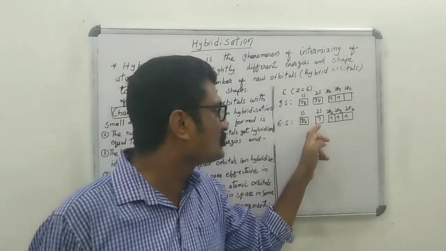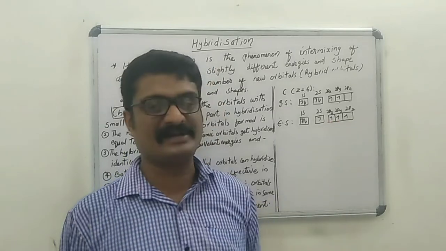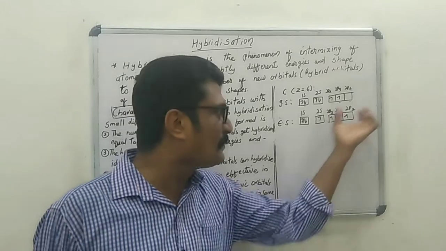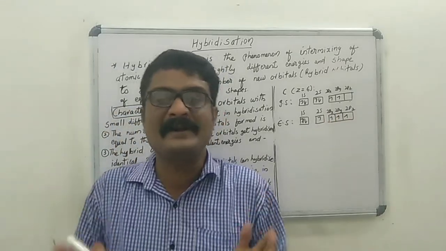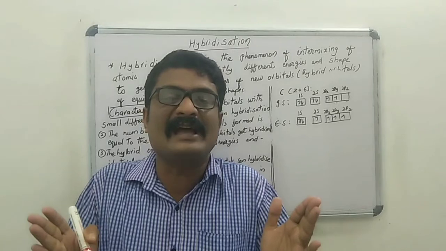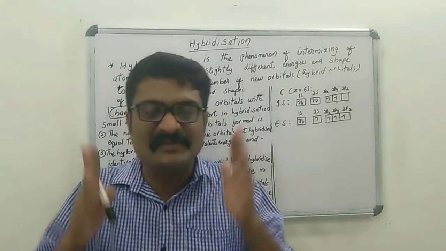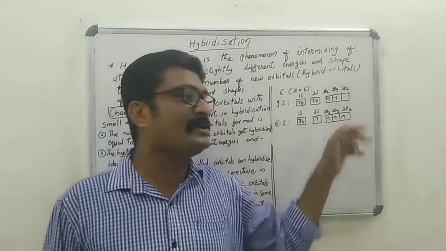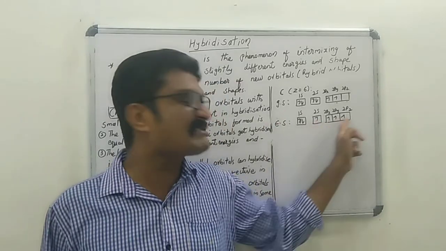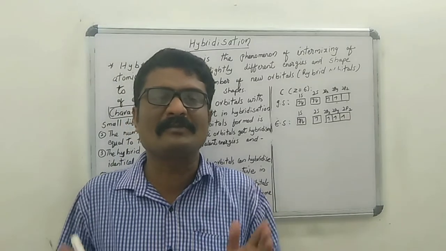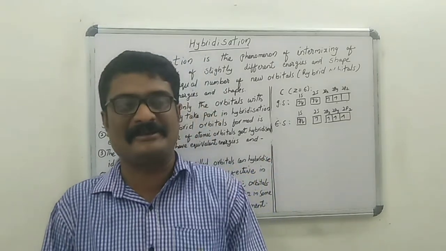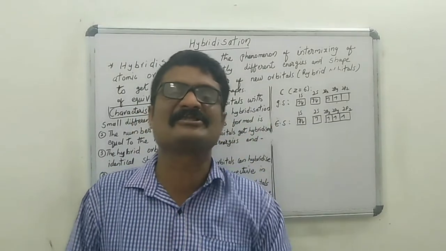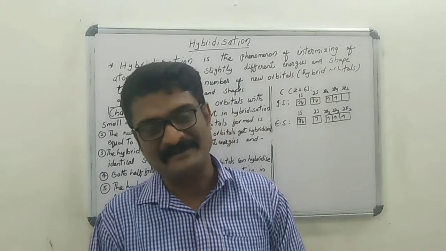We know this half-filled 2s and the 3 half-filled 2p orbitals of carbon differ in their energies. If carbon makes use of its 2s and all 2p orbitals as such for bonding, it will result in bonds of different strength and orientation.